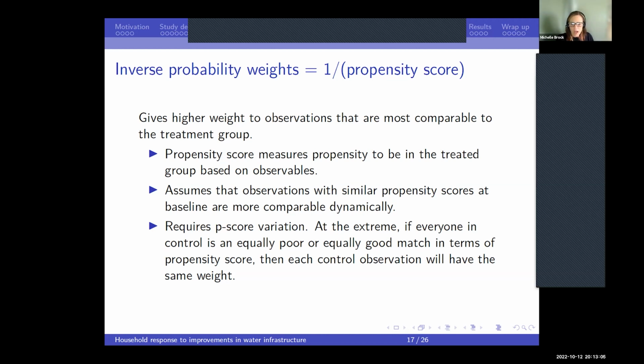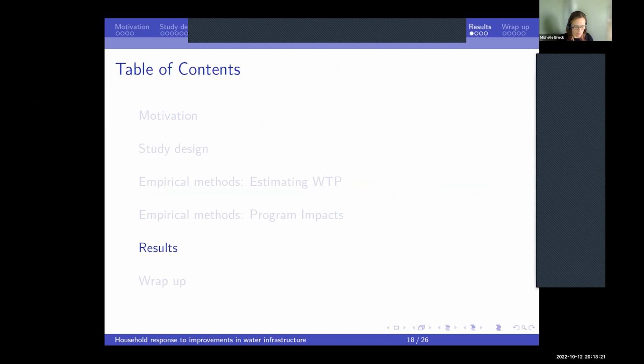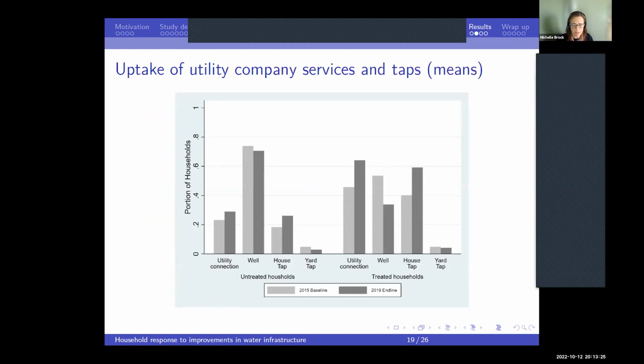I don't have it here in the interest of time, but there are some diagnostics you can do to make sure that you have a good set of matching households, and ours behaves reasonably well. And so then you have this propensity score weighted difference in difference effect or result impact.